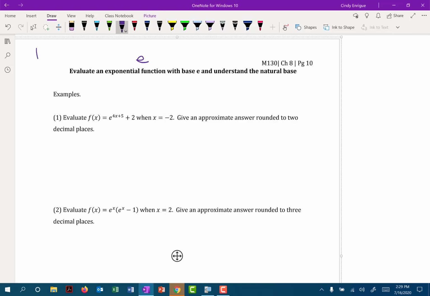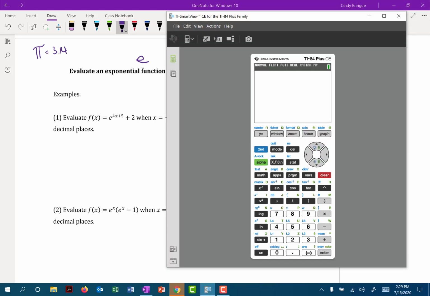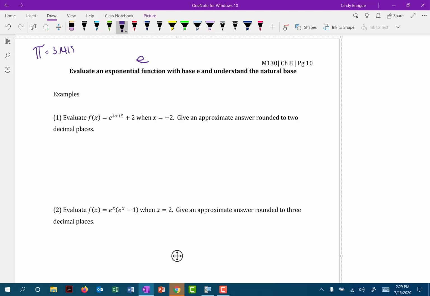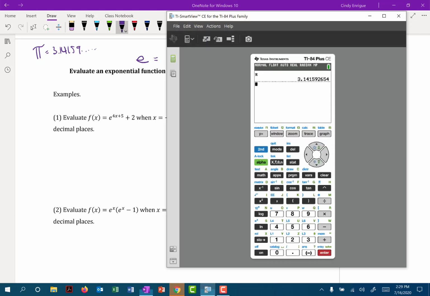Remember how pi, we usually say it's 3.14, but there's actually more decimals for pi. So if I type pi, it's 3.1415926, right? It keeps going forever and ever, never ending, never repeating. It's an irrational number. Well, e is going to be very similar to pi.